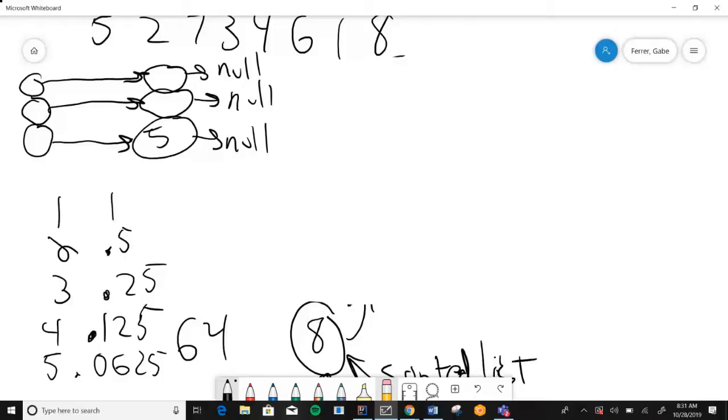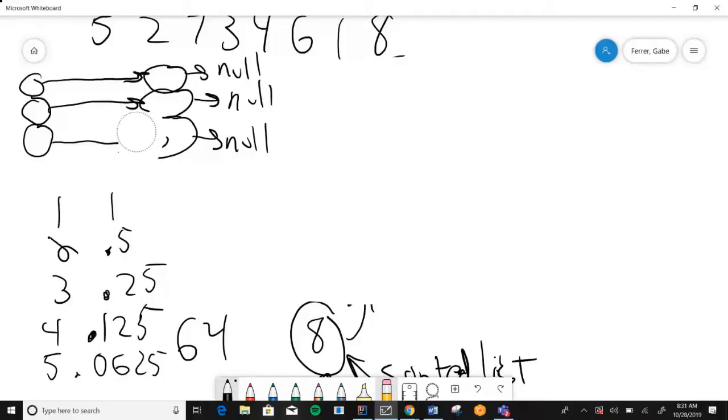So let's start inserting some more nodes. You know what, in retrospect, I really should have moved this over here because we've got a lot of nodes to insert. So if you'll be patient with me, let me go ahead and make that move, and then we'll start inserting some nodes.